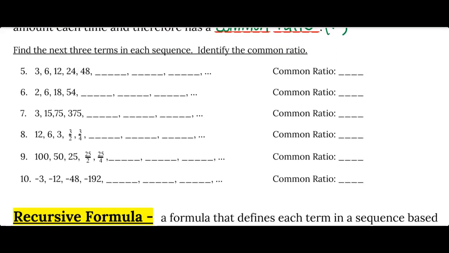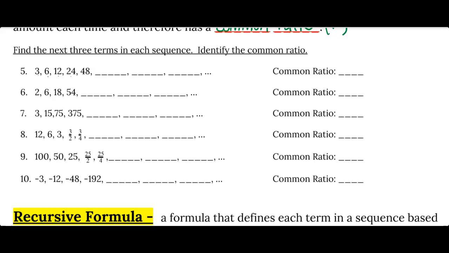So we're first going to find the next three terms in each sequence. We will identify the common ratio. So when we're looking at this, we see we're going 3, 6, 12, 24, and 48. If you can see that you're multiplying by 2, then you've found your common ratio.